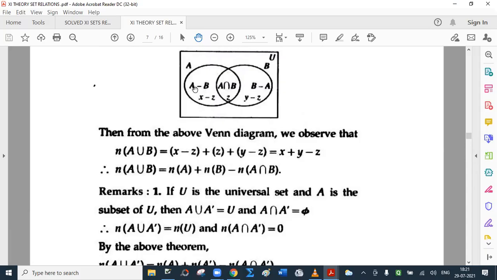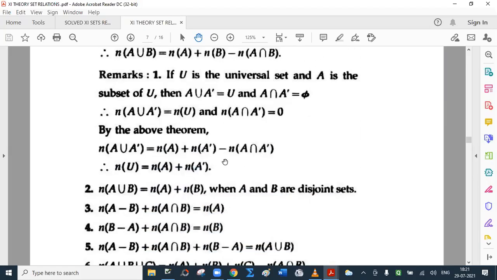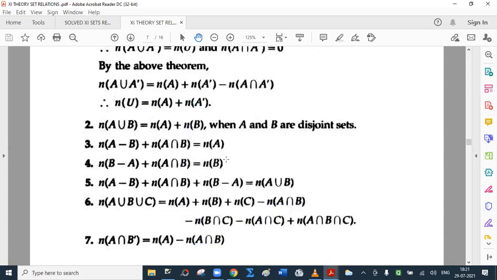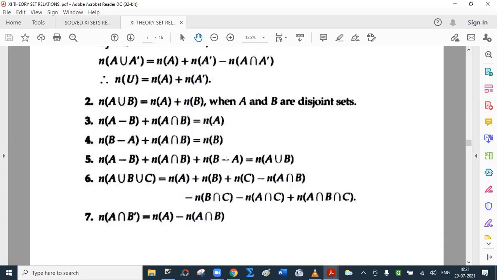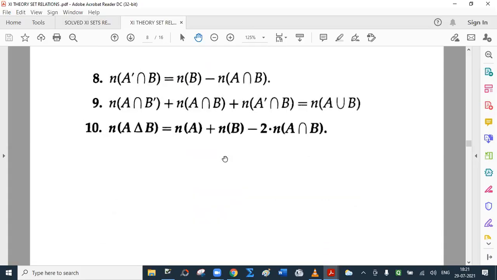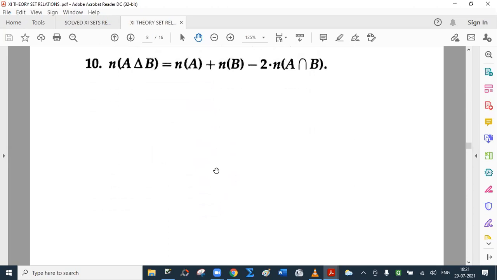The x minus z part, A but not B. So from n of A just deduct this number, and you get this number. Again, you need not remember this; you can obtain this result from the Venn diagram. Is that clear?